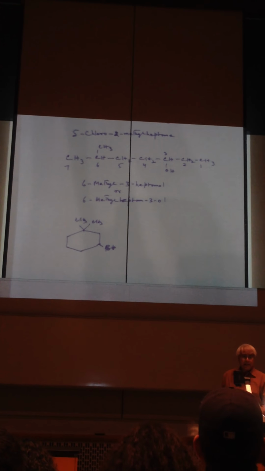So in this case, you have 2 substituents at this position, and therefore we call that position 1, 2, and 3. That means you have 3-bromo-1,1-dimethylcyclohexane.